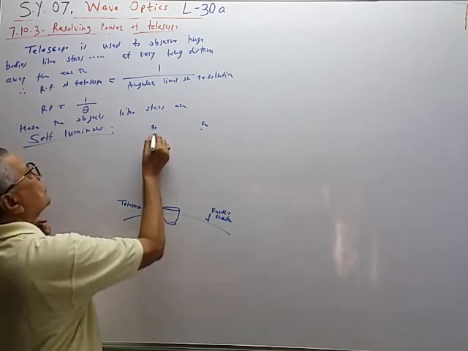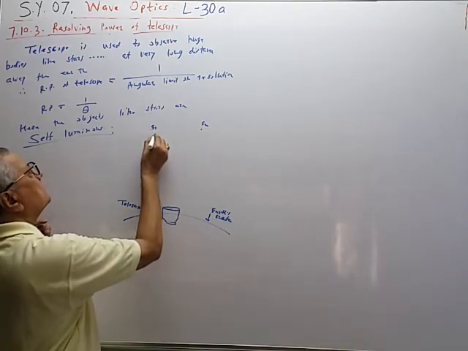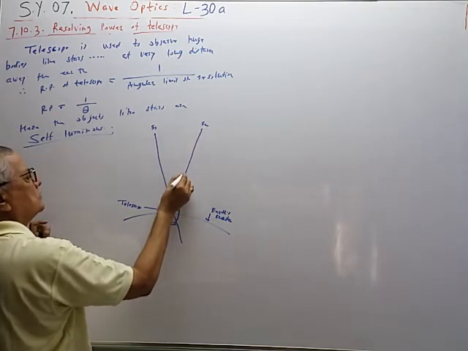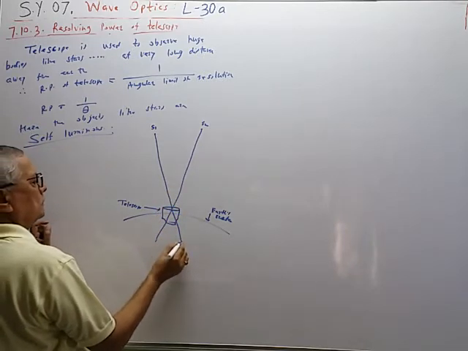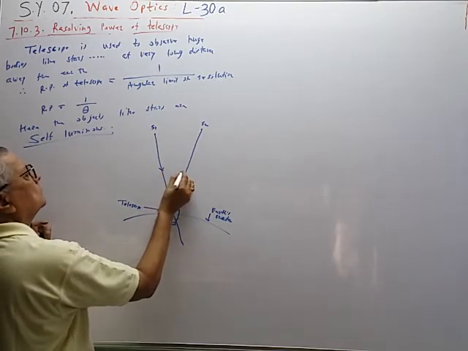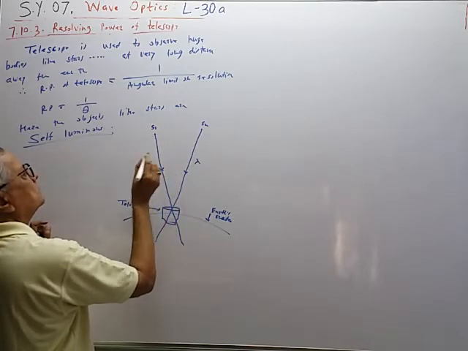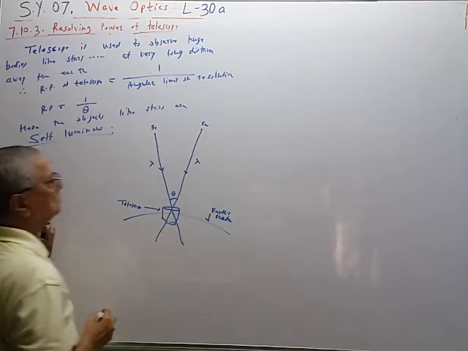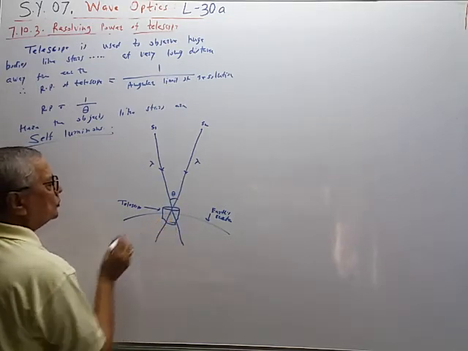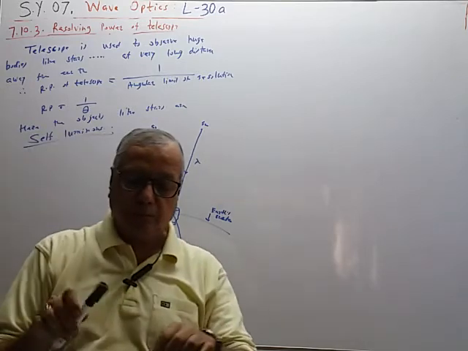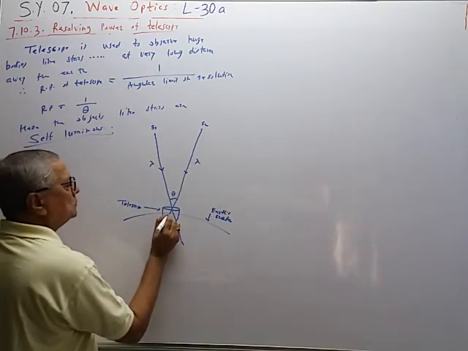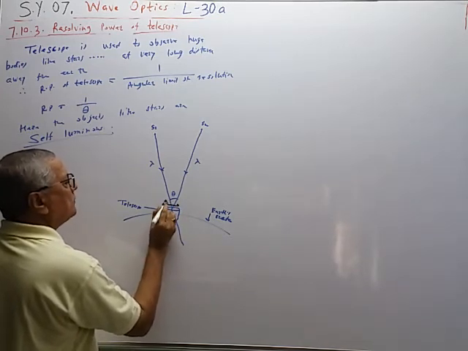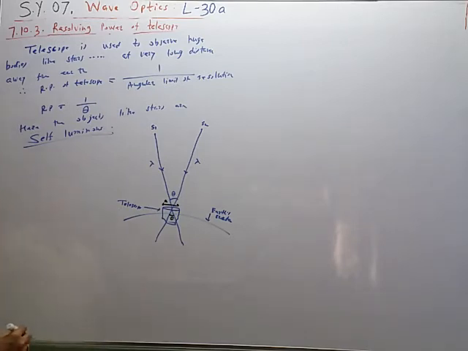So one ray from S1 passes through the optic center, the other ray passes through the optic center from S2. So this wavelength is lambda. This angle is theta. This angle is also theta. This is a, the aperture of the telescope, like this.